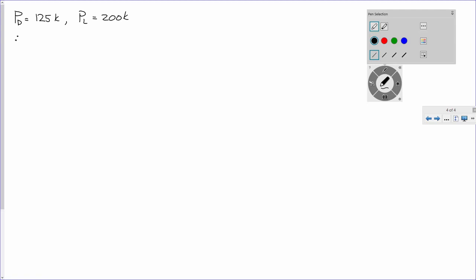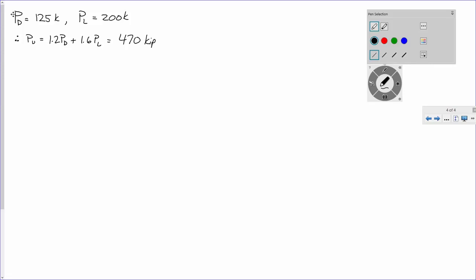Therefore, we can calculate a factored Pu doing what? 1.2, and I have a feeling you all can plug those numbers in. 1.2 times 125, 1.6 times 200 comes out to be 470. So far, so good?